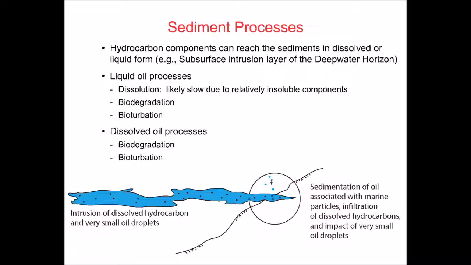And again, as the oil rises, if it impacts on, say, the shell of an organism that has died and is now falling to the sea floor, that shell could have the density of silicon, which is about twice the density of water. When you hit it with an oil droplet, that oil mineral aggregate could still have a density that's greater than seawater and will fall to the seafloor.